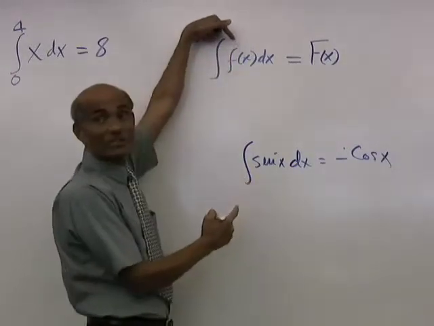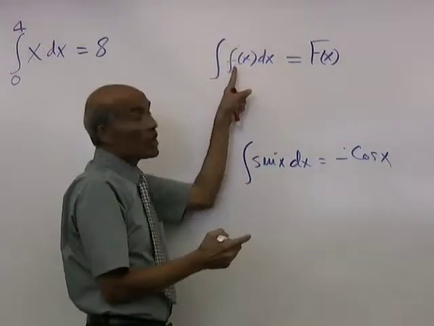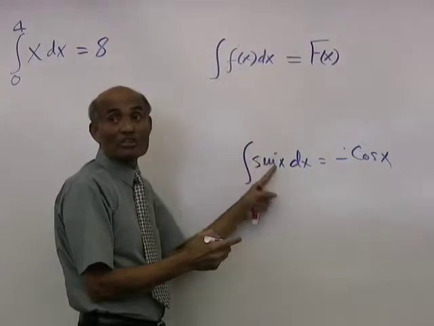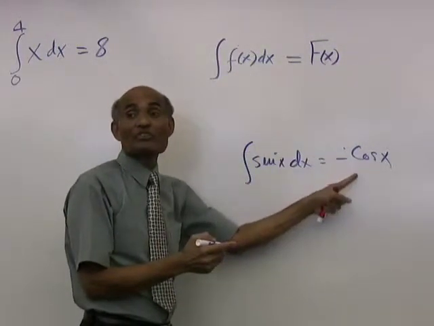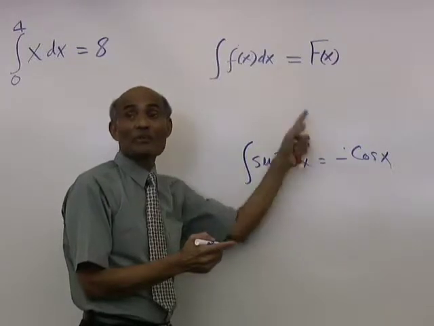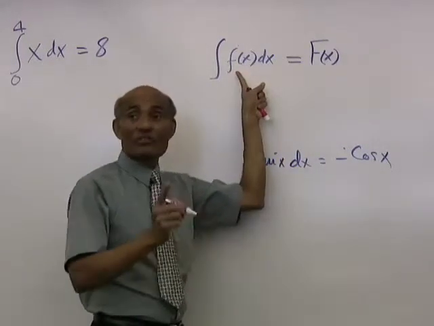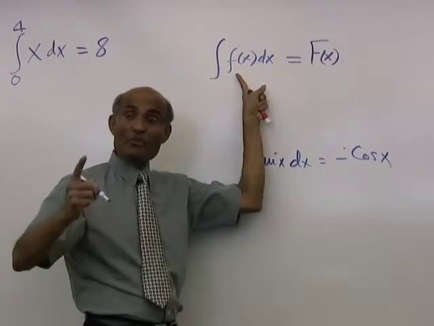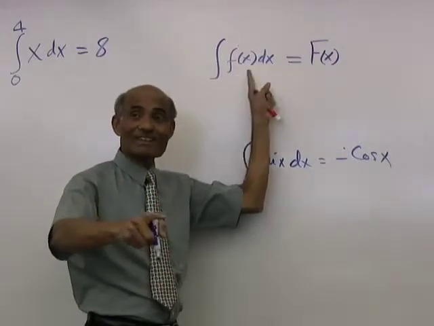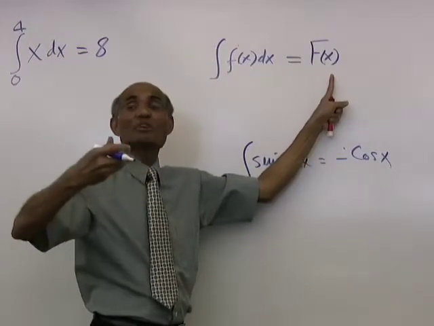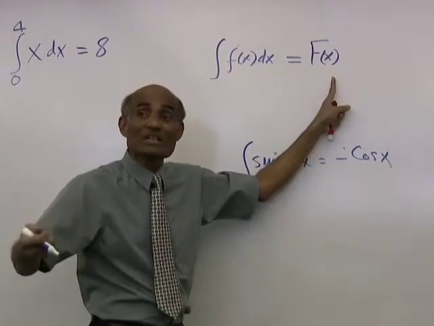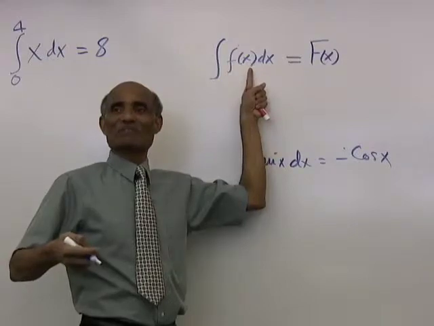Now when you translate into this statement, lowercase f of x is sine x, and uppercase F of x is negative cos x. In other words, lowercase f of x is the function that we want to integrate. The uppercase F of x is the function that we have obtained by integrating lowercase f of x dx.